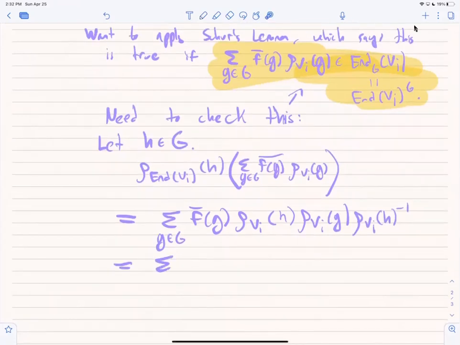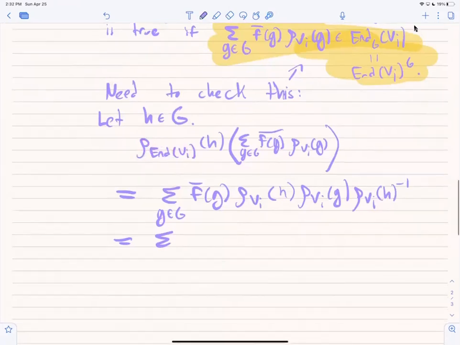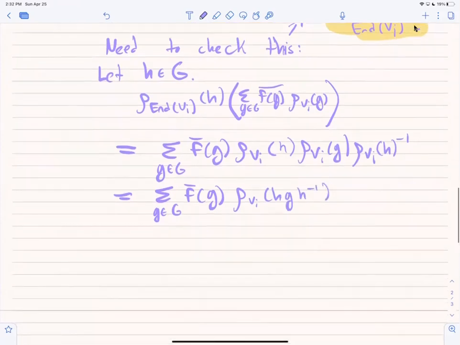That's just coming from the definition of the action on endomorphisms, the definition of this map rho sub End Vi. But then we can simplify this still more, writing this as rho Vi of hgh inverse. That's just pulling in, using that rho sub Vi is a homomorphism.